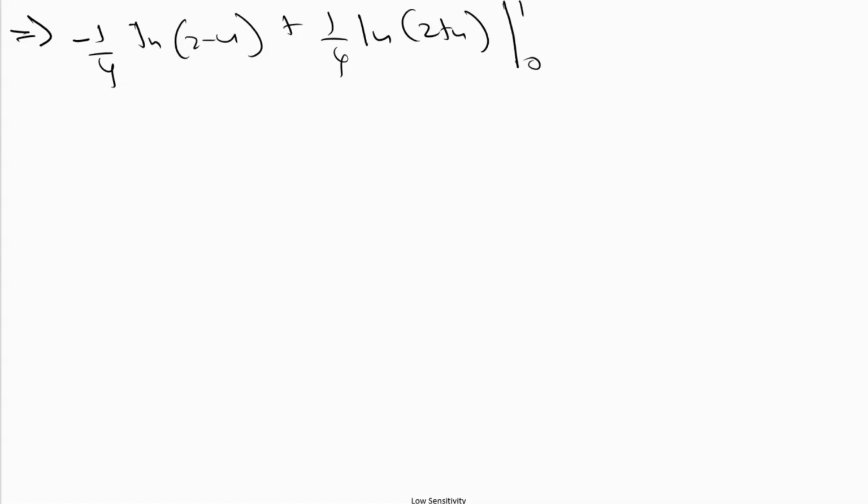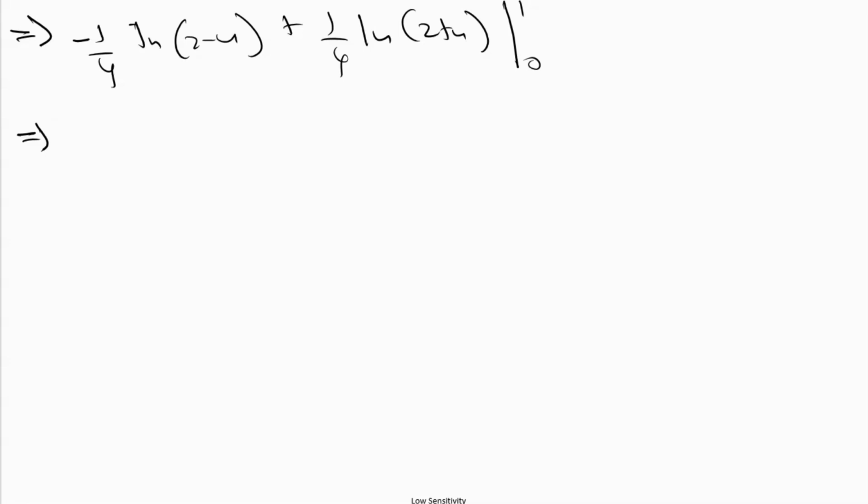So we have negative 1 over 4 ln(2 minus u) plus 1 over 4 ln(2 plus u) with the limits 1 and 0. Alright, so let's simplify this quickly.